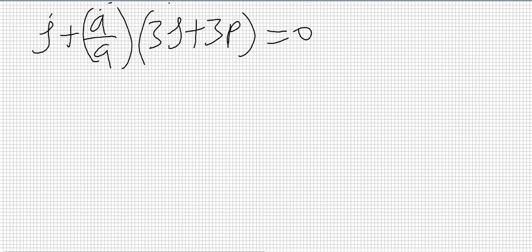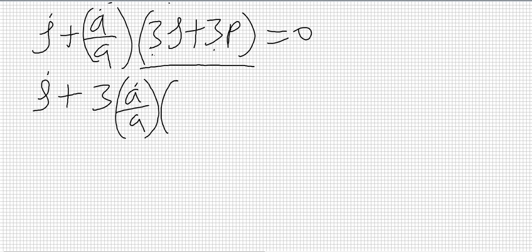Okay, looking at the bracket again, 3 is a factor which can be factorized out, and again the equation can be expressed as rho dot plus, we bring the 3 outside, 3 a dot on a into, now we are left with, rho plus p equal to 0. So looking at this, it's already the energy continuity equation.